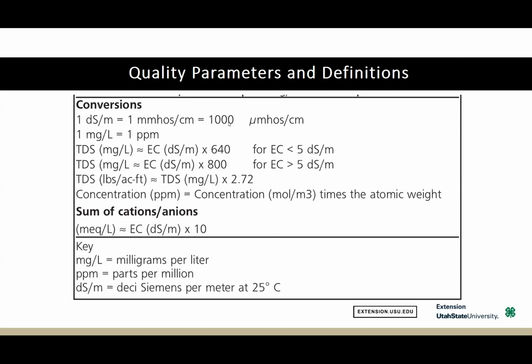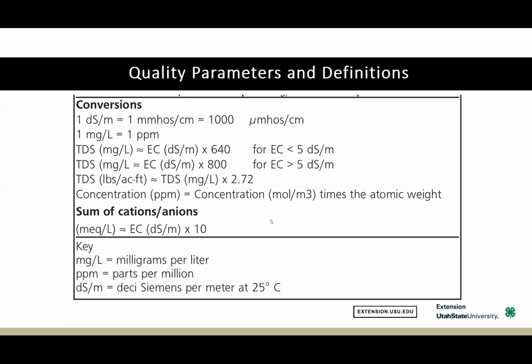Millimhos and decisiemens per meter are 1,000 times bigger than micromhos. And so you can go between these if you see them expressed in various units on different soil test reports. A milligram per liter, as I mentioned, is numerically equivalent to 1 part per million. And then there are different descriptions of things down here just for your reference.